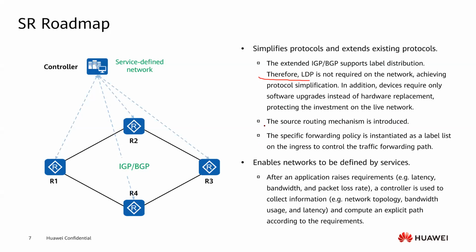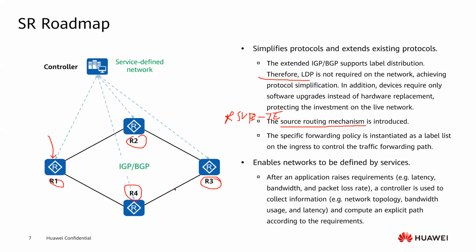And second, how to solve the RSVP-TE problem? For segment routing, a source routing mechanism is involved. Which means I can tell the source node how to forward the packet from R1 to R3. That's all. And R2, R4, R3 actually do not need to do the calculation or know the path from R1 to R3.